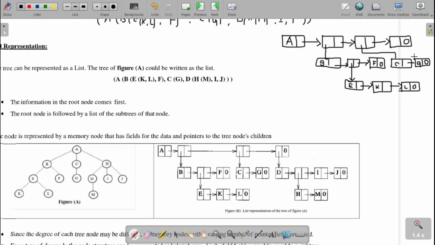In the same way we will write for D. So this is our final result of the list representation.